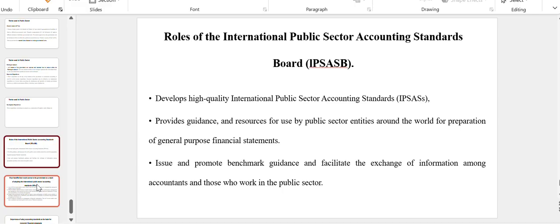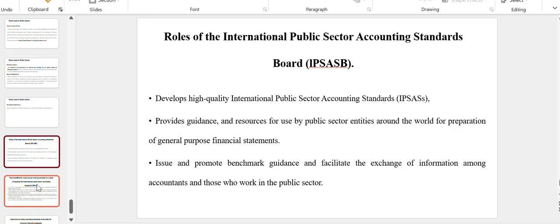Now I told you, the accounting standards in public sector that we normally employ, what we call international public sector accounting standards, these standards are normally formulated and implemented by a board called International Public Sector Accounting Standard Board, IPSASB.